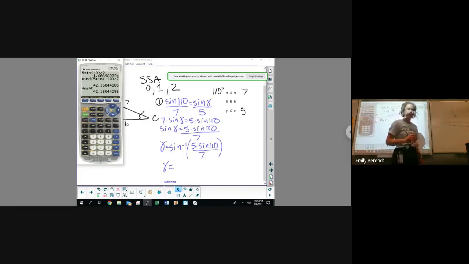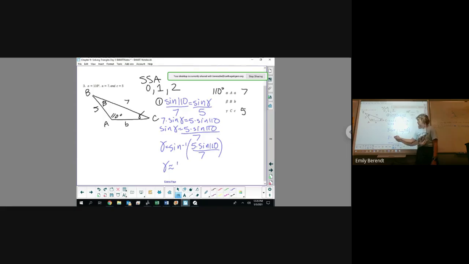Make sure you store it. You should have gotten 42.160. And then place it in your chart.